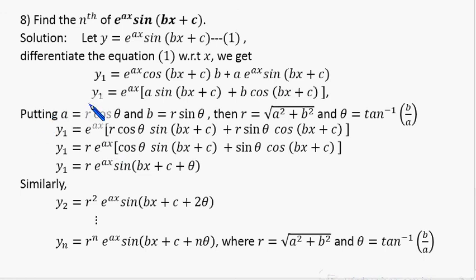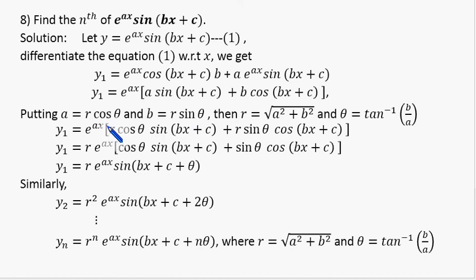Put a is equal to r cos theta and b is equal to r sin theta, then it can be written as r is equal to square root of a square plus b square and theta is equal to tan inverse of b by a. Therefore y1 is equal to e power ax into a is r cos theta into sin of bx plus c, and b is r sin theta into cos of bx plus c.